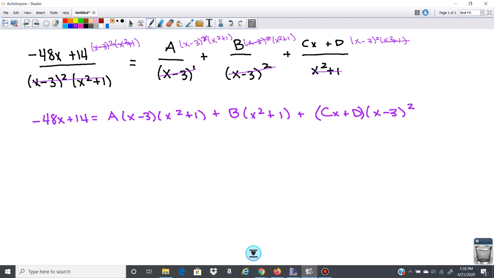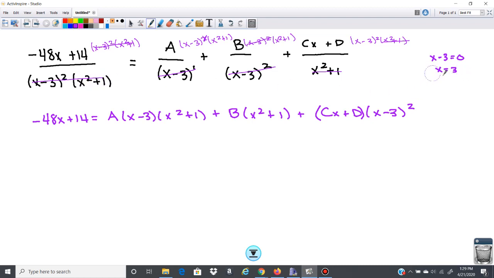All right, now looking at my original problem, if I look for any asymptotes or any holes, I could have x minus 3 over here. If I plugged a positive 3 in, that would give me 0 here. So I'm going to use that to work through this and maybe find a value. For the other factor, I'm going to get plus or minus i. That's not going to help me.